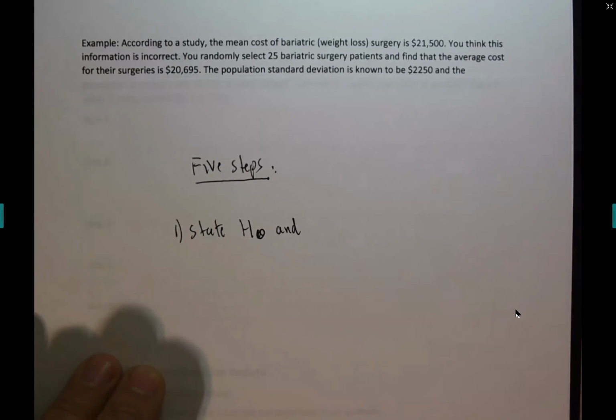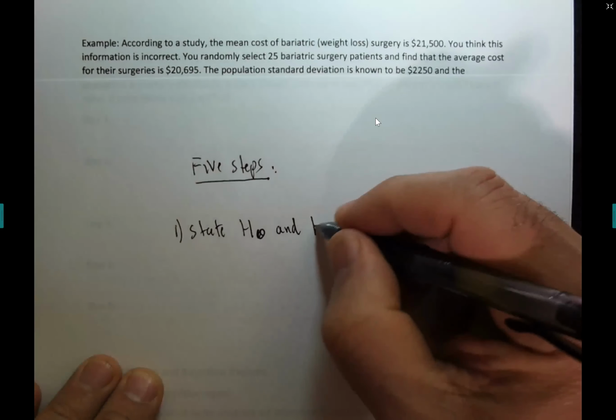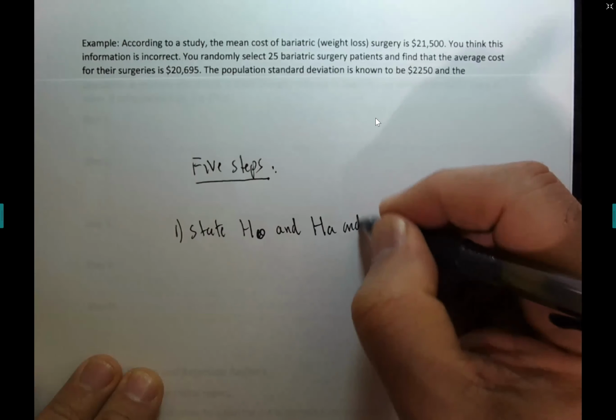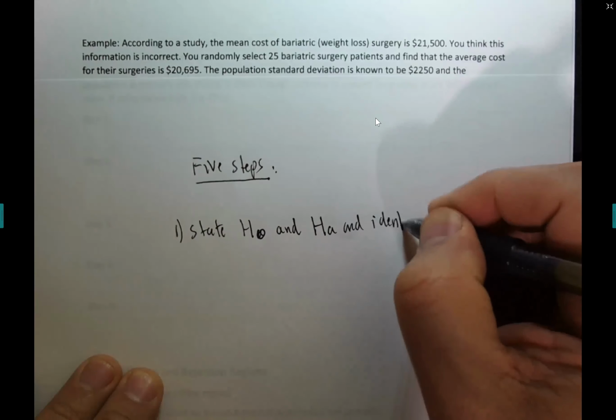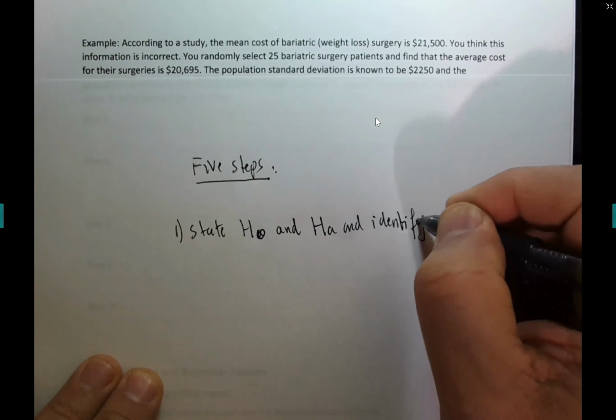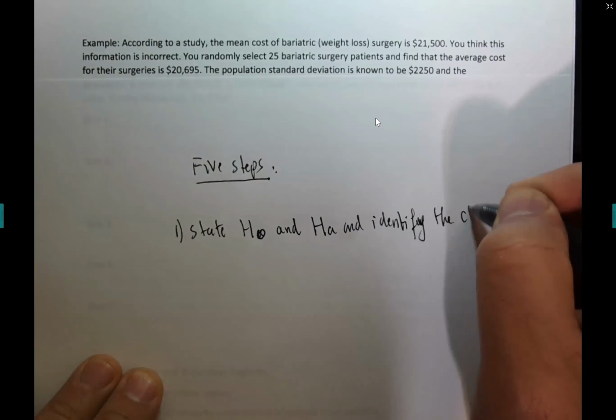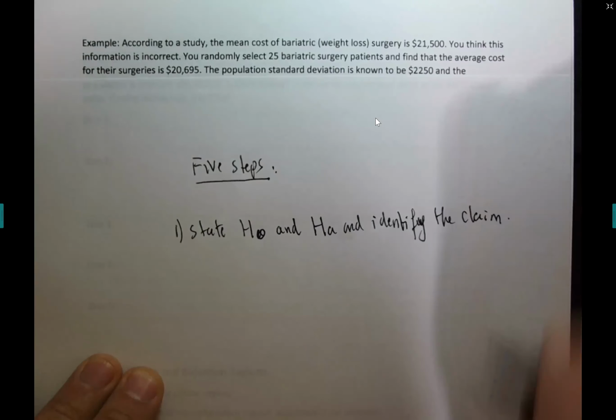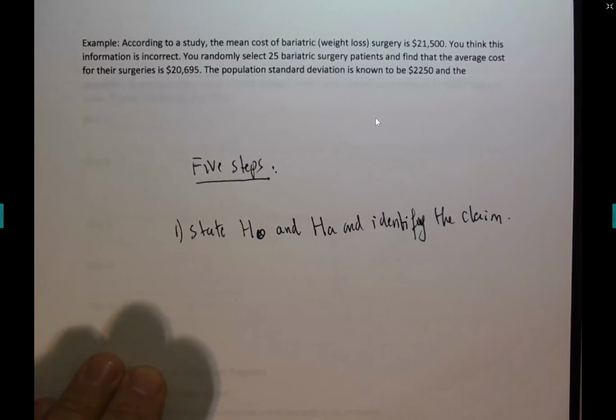HA. And one more thing you have to do also. State H0, HA, and identify what? The claim. Very good. You have to know where the claim is, in H0 or HA.